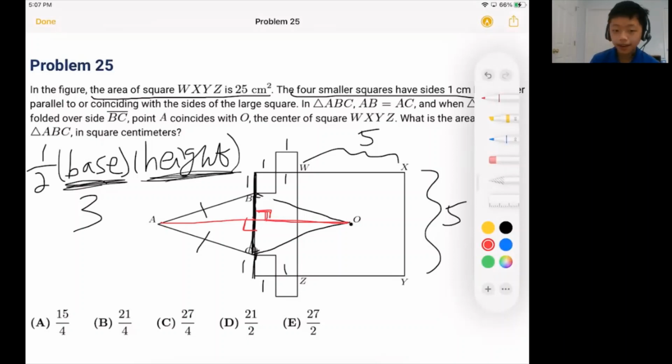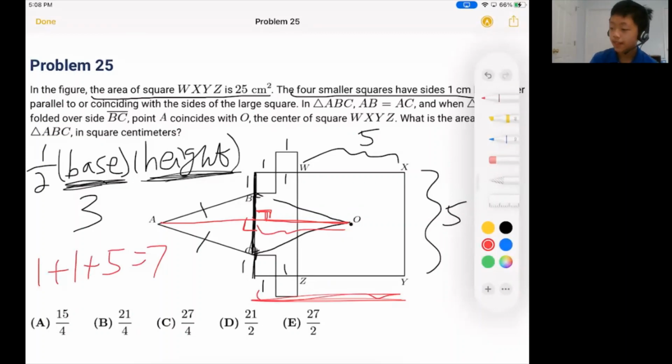To do that, we know that the entire long rectangle, this entire length here, has length 1 plus 1 plus 5, which is 7. So we want to find this red length here, because that represents the height of the triangle. So we know that the length of this entire rectangle is 7.